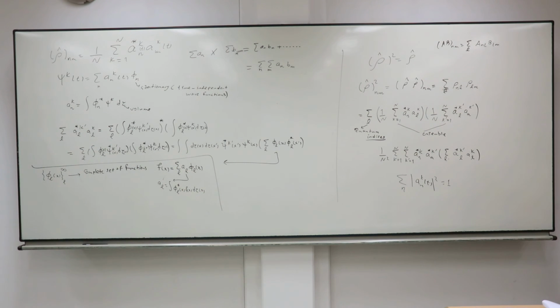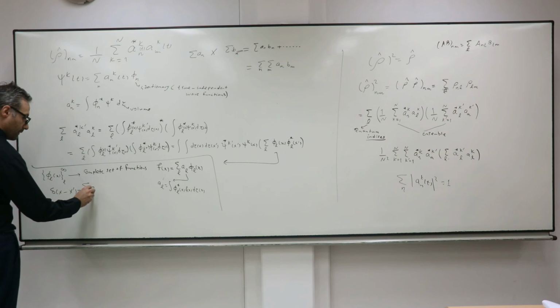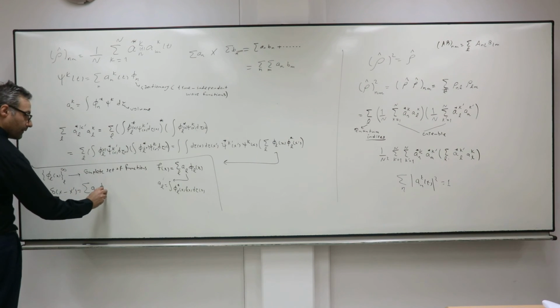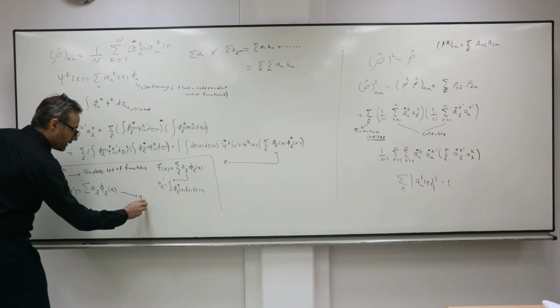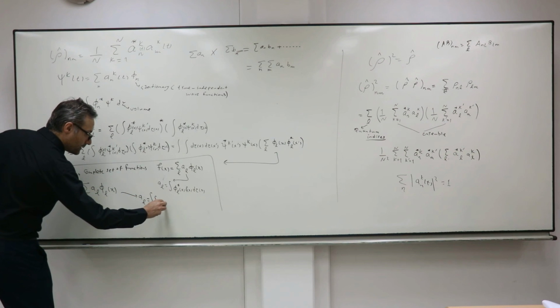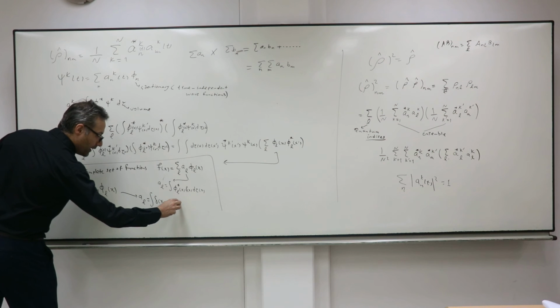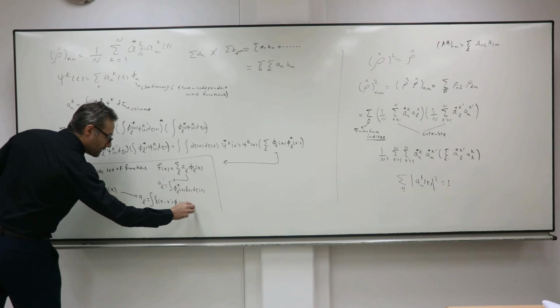Completeness: any function means any function. So take a special function, the Dirac delta. If you find A_L for the Dirac delta, it will be the integral of delta(x minus x prime) phi_L(x) dx.